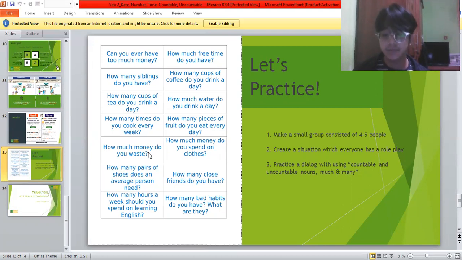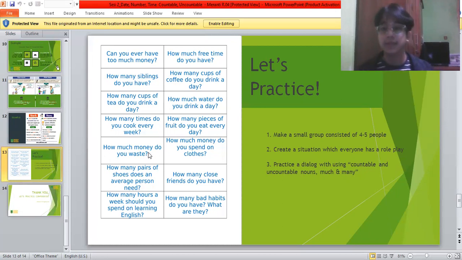This is the explanation. Money is an uncountable noun because we cannot count money. When we say that we have 1,000 rupiahs, we mean to say that we have 1,000 units of rupiahs, but the word money itself is uncountable.